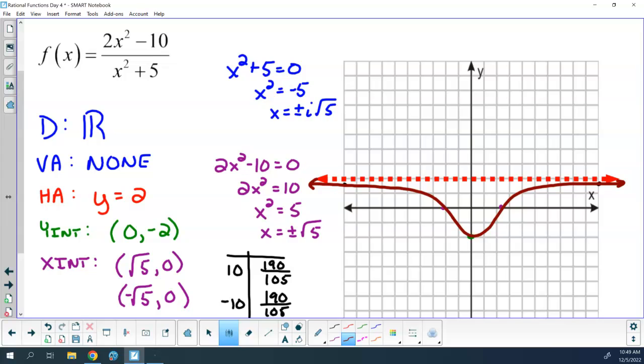Do I have any asymptote behavior to discuss? No, because I don't have a vertical asymptote, so I have no vertical asymptote behavior. So that just leaves me with end behavior. And my end behavior would be as x approaches positive infinity, f of x is going to approach 2 from below.